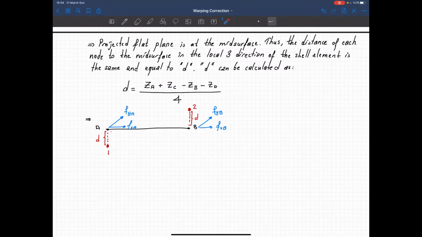So if you want to carry these forces to that node, you will see that these forces will create additional moments here. You have a force and the moment arm, right?